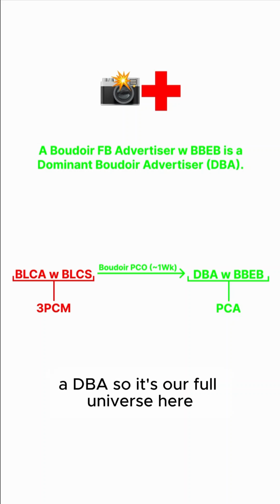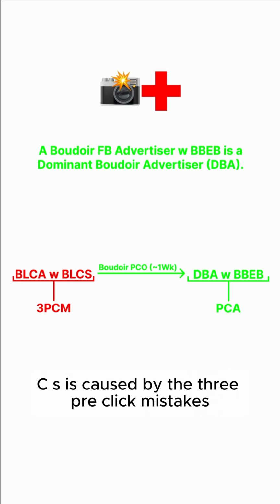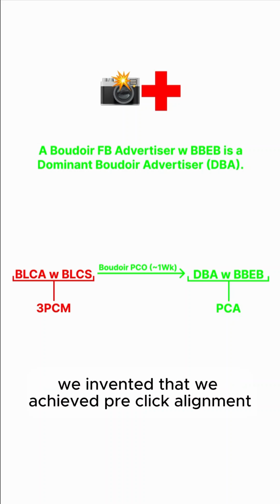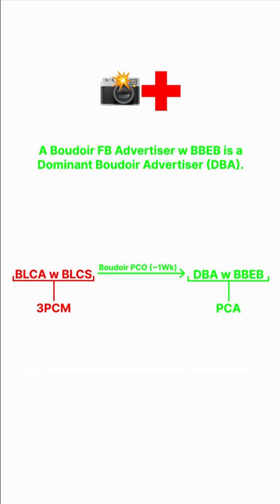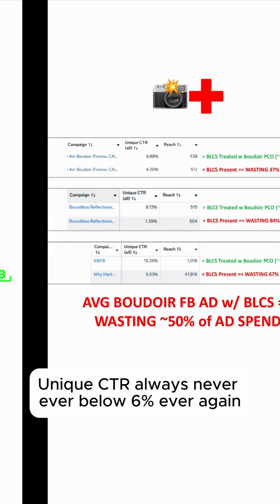So it's our full universe here. A BLCA with BLCS is caused by the three pre-click mistakes. Treated with Boudoir Pico, it takes about a week. We invented that. We achieved pre-click alignment, and we are now a dominant Boudoir advertiser with Boudoir brain entry boost. Unique CTR all never ever below 6% ever again.